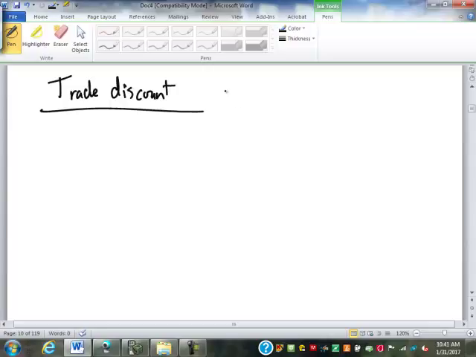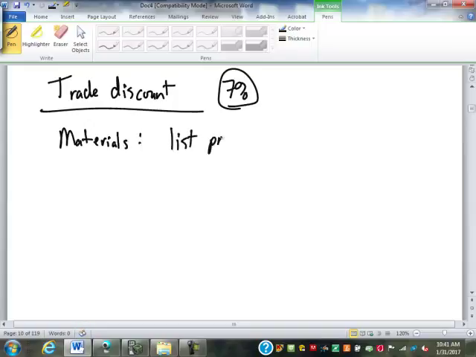For example, let's say you do enough business with a local lumber yard, they offer you a 7% trade discount. So you purchase materials with a list price of $1,840.